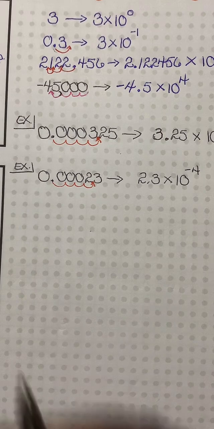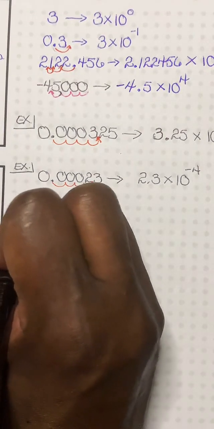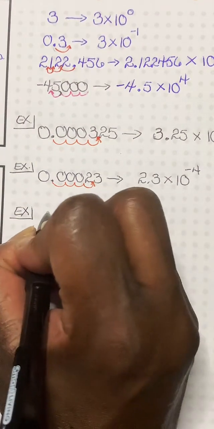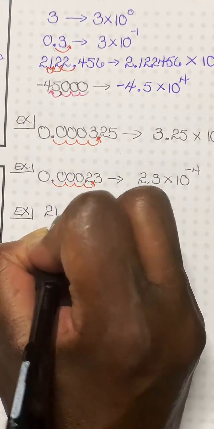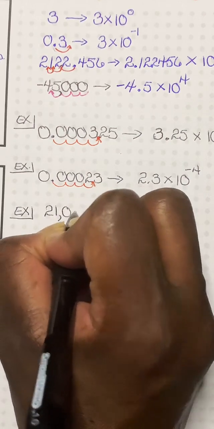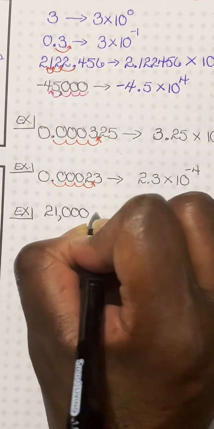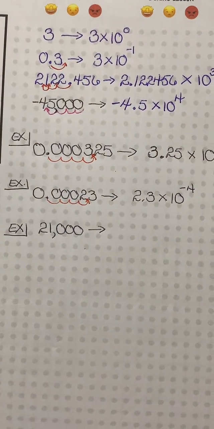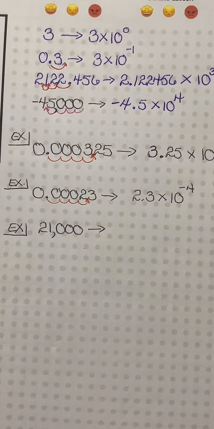Well, try this one, and then we'll flip the script. So let's go with 21,000. Okay, 21,000. Yeah, I am going to do the opposite, twin.